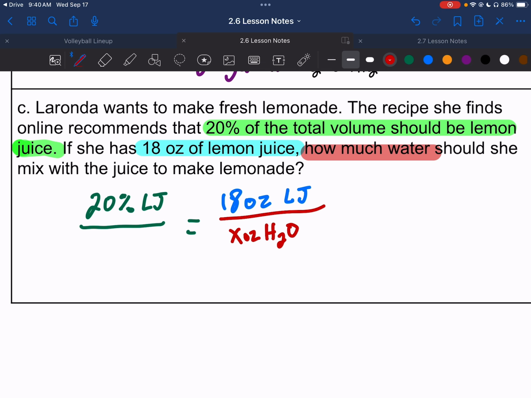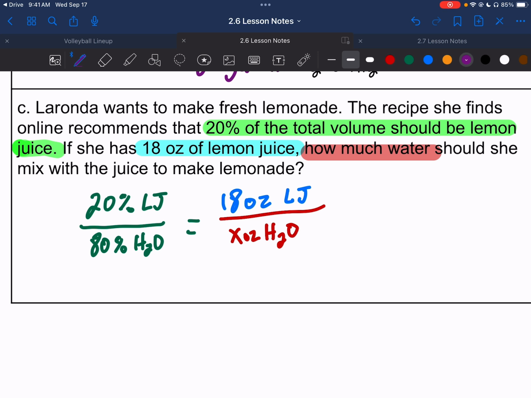So then what do we put as our denominator? Do I put it out of the 100% total that my volume is? No. What I should do is figure out how much of the mix is water. Well, if 20% is lemon juice, that means 80% is water.